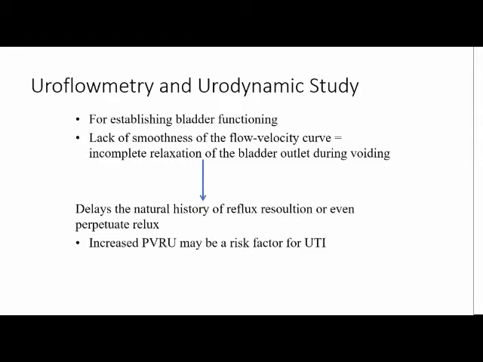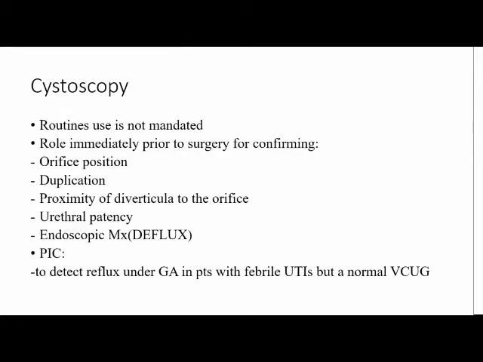Lack of smoothness of the flow velocity curve implies incomplete relaxation of the bladder outlet during voiding, delays the natural history of reflux resolution, or even perpetuates reflux. Increased PVRU may be a risk factor of UTI.